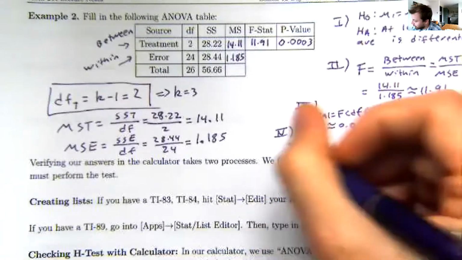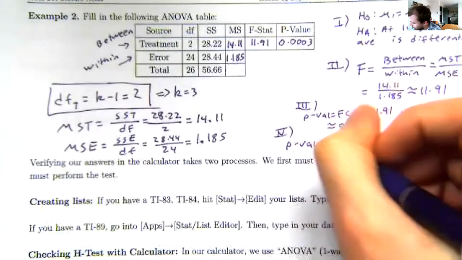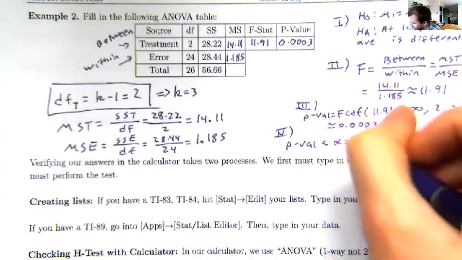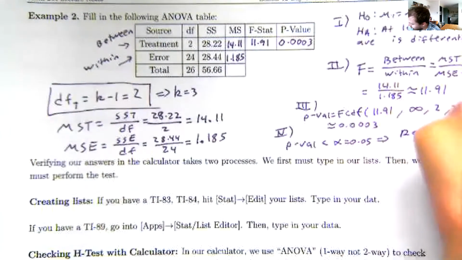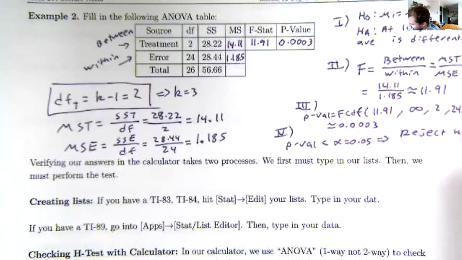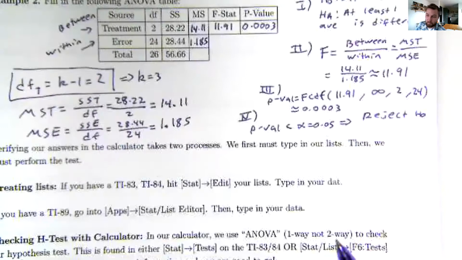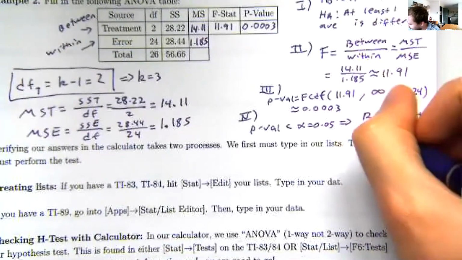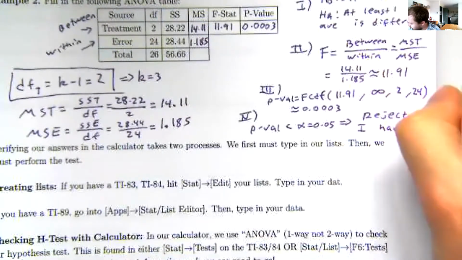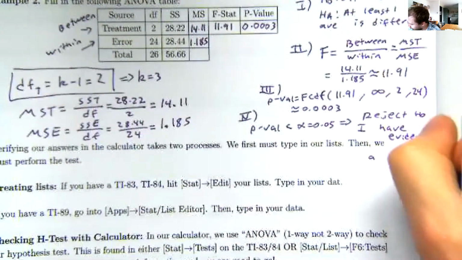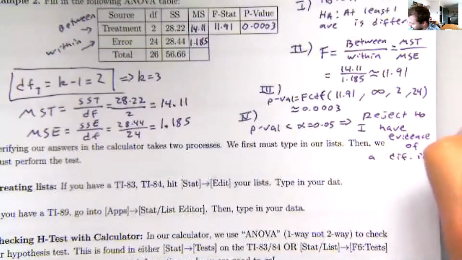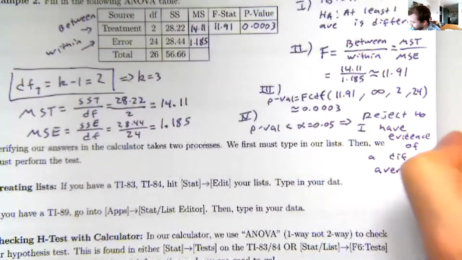So for my conclusion, since my p-value is smaller than something like a neutral alpha level, I would reject the null hypothesis. If I'm rejecting the null hypothesis, I have evidence of a difference in those averages.